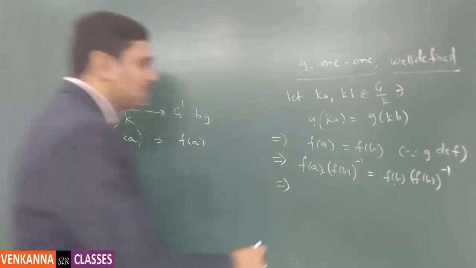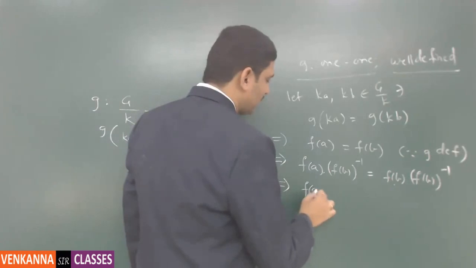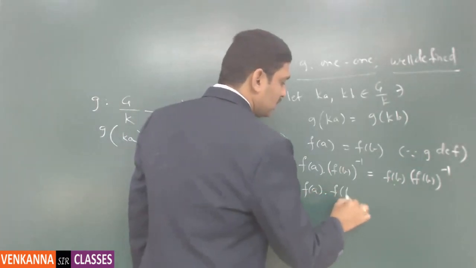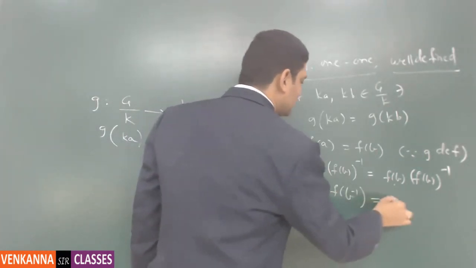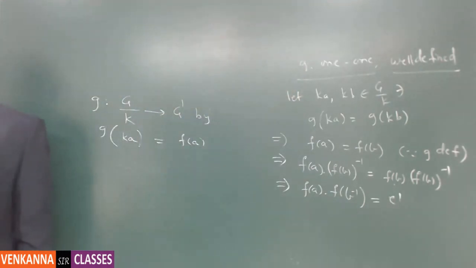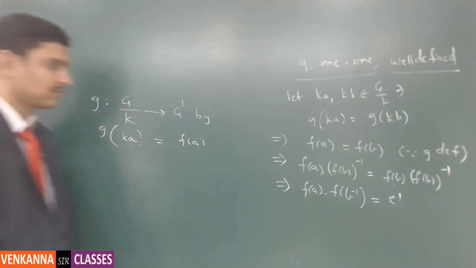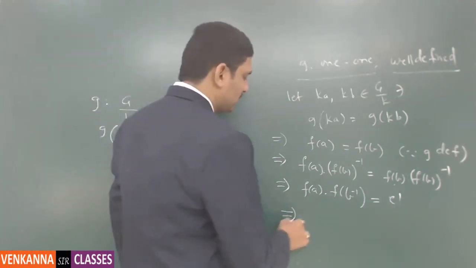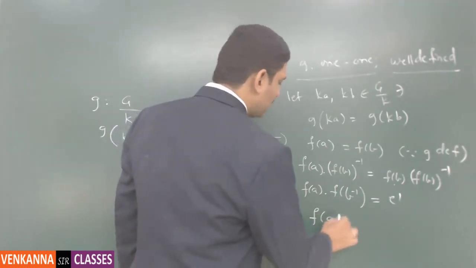So on the left hand side, you can write f of a dot f of b inverse. This is the identity, because you are multiplying an element with its inverse. Since f is a homomorphism, you can write it as f of a b inverse.